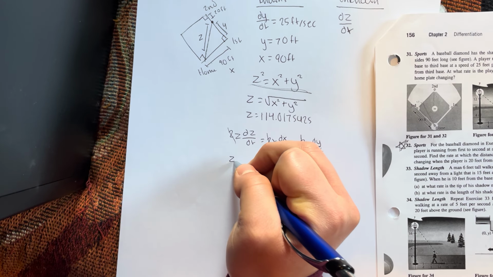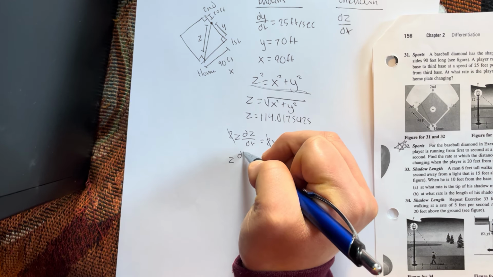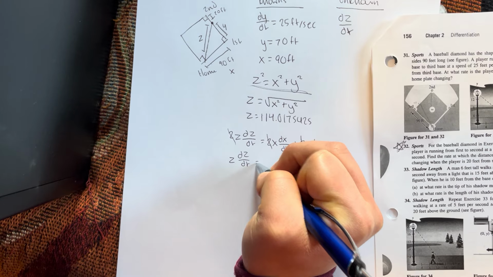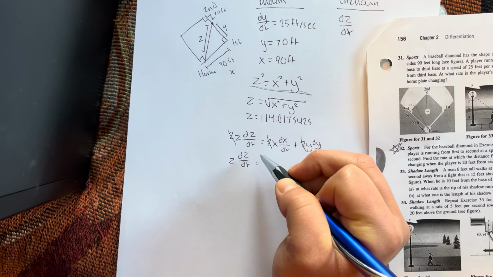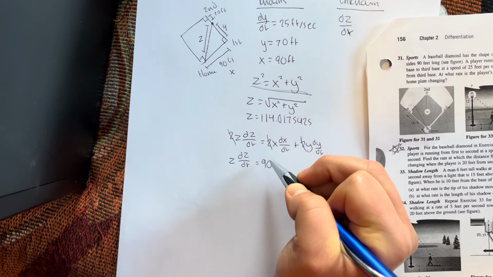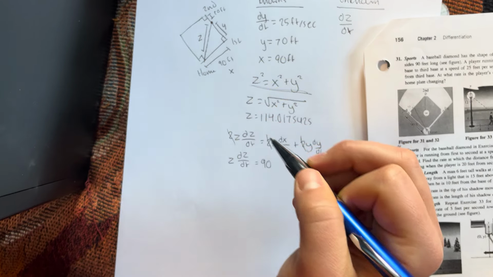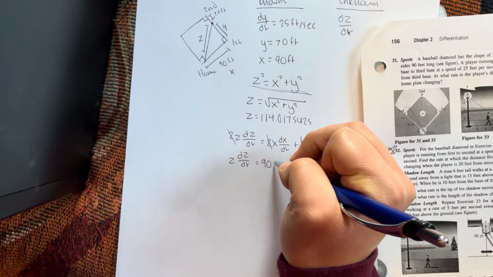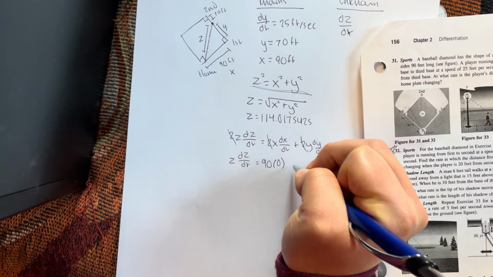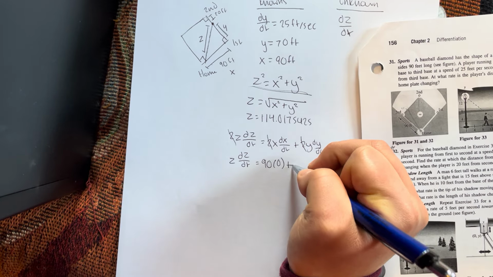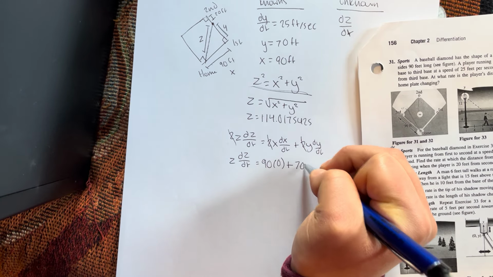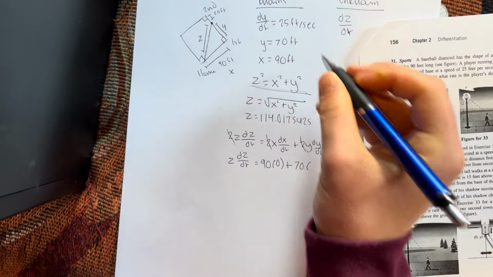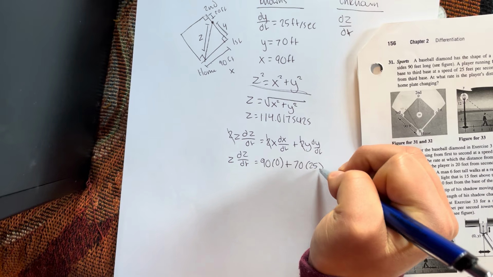So I'm just going to write it as z until we fill it in on our calculator. z dz/dt equals, and then we have x, which is 90, but our x value is not changing at all because it's a solid length and he's not running that side. So our dx/dt is actually going to be 0. And then plus our y, which is 70, times our dy/dt, which we know is 25 feet per second.